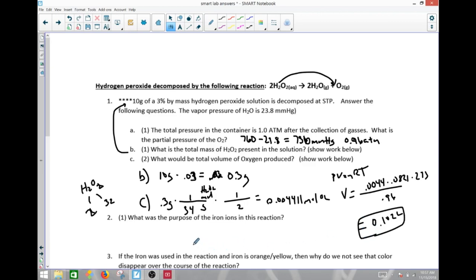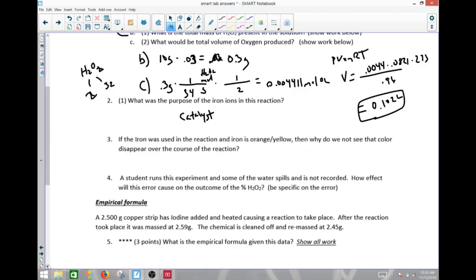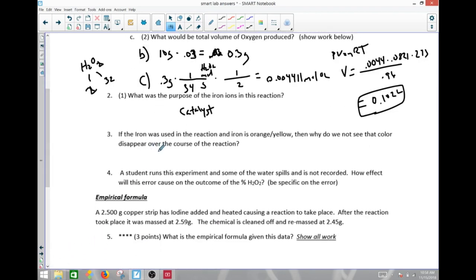All right, what's the purpose of the iron ions? This is a catalyst. All right, what else we got here? Iron used in the reaction was orange and yellow. Then why do we not see that color disappear over the reaction?